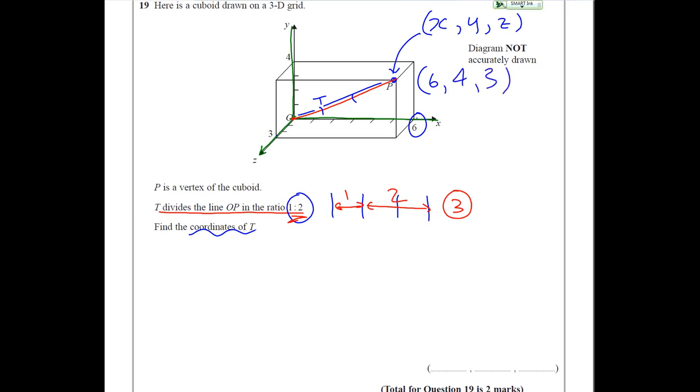But that's all the way to P. We do not want to go all the way to P. We want to go just a third of the way along, so we can just divide everything by 3. 6 divided by 3 is 2. 4 divided by 3 is 4 over 3. 3 divided by 3 is 1. So 2, 4 over 3, 1. Okay, that's question 19 done.